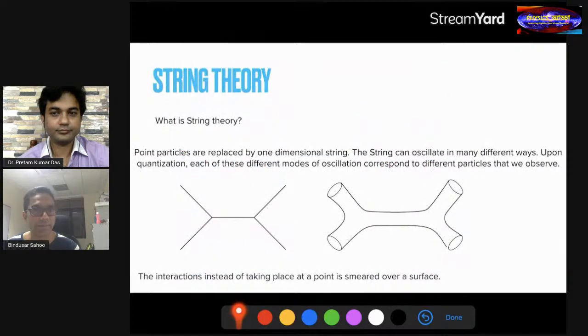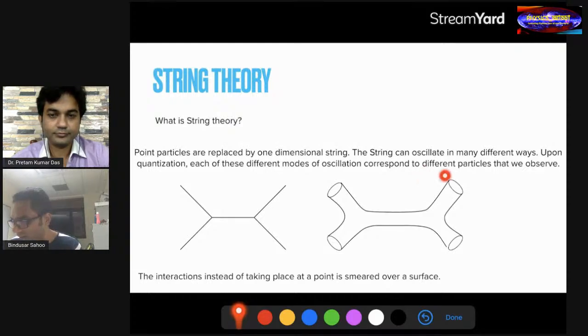So what is string theory? Roughly, what you do is you say that instead of point particles, we have a one-dimensional string. Okay, and this string classically can oscillate in many different ways. And when you quantize it, each of these different modes of oscillation corresponds to a different particle that we observe.